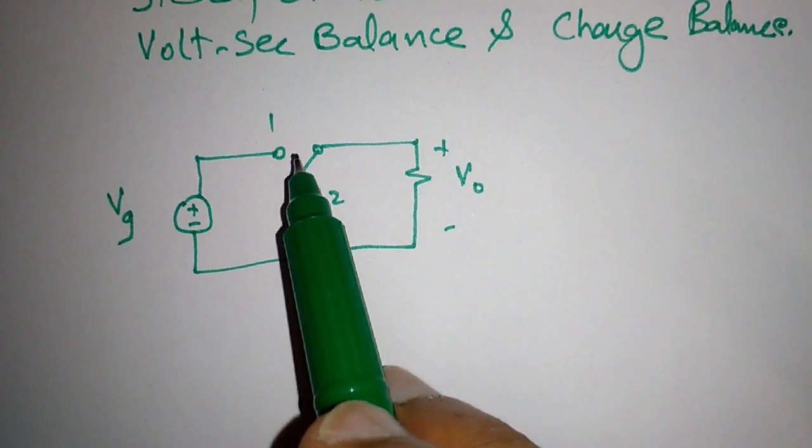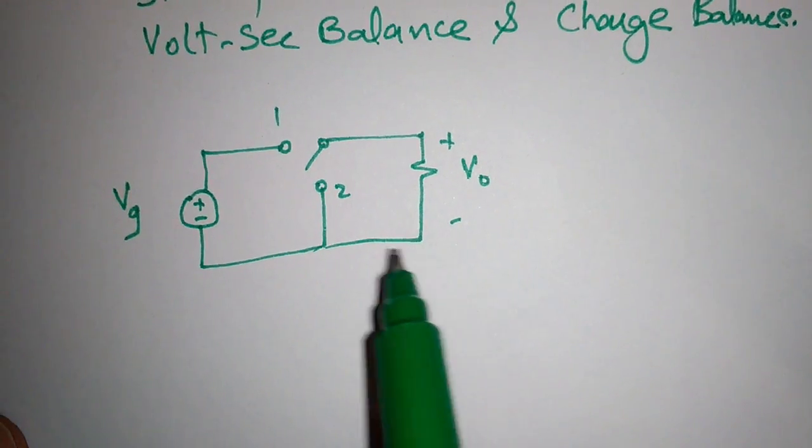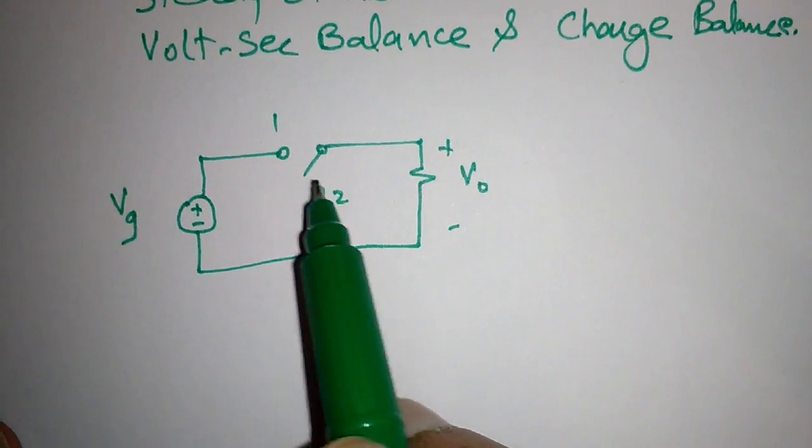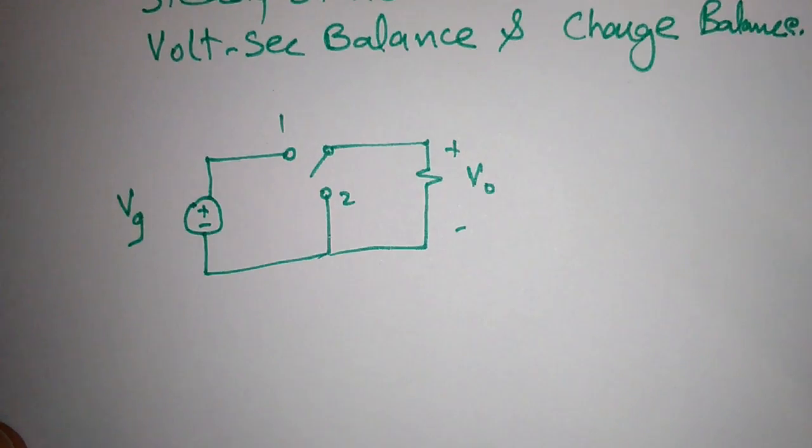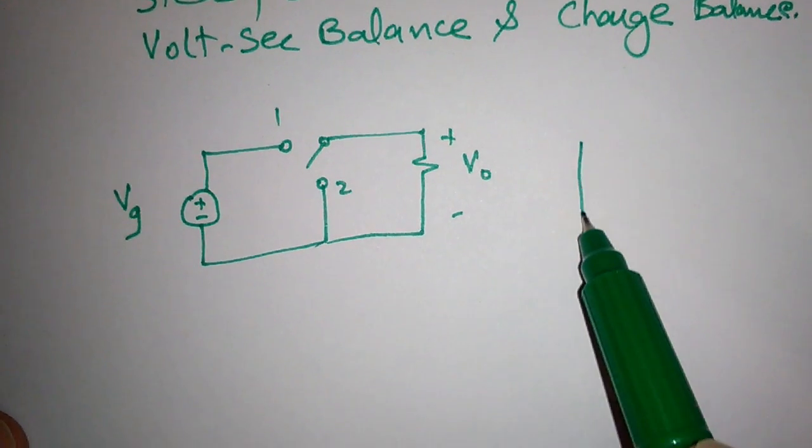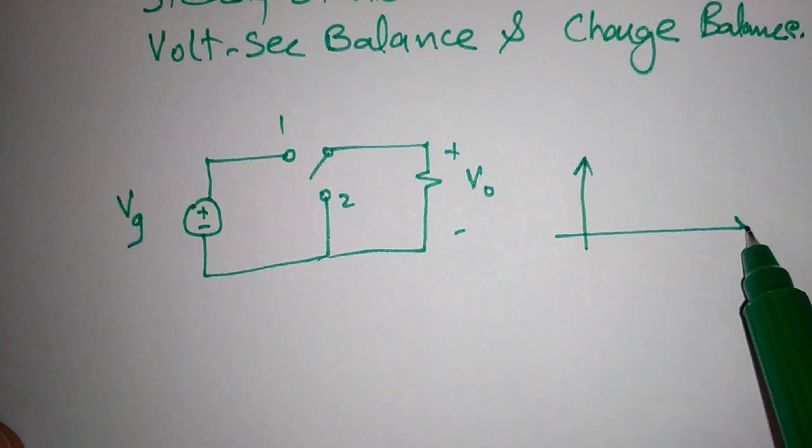it is on for some time period and it is off or at position 2 for some time period, then the output voltage is like this.